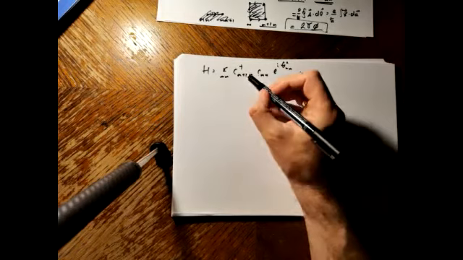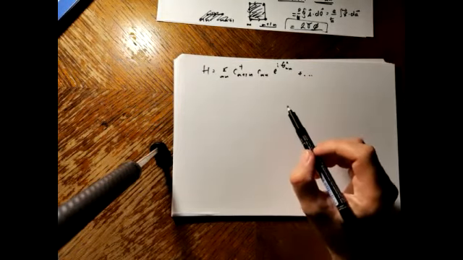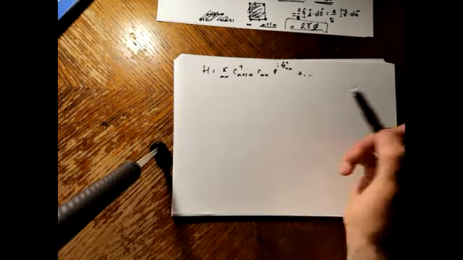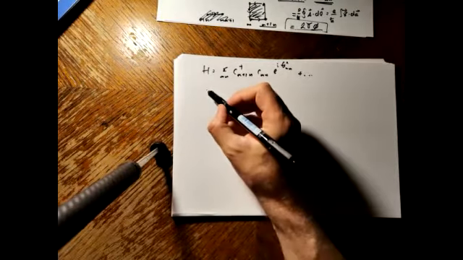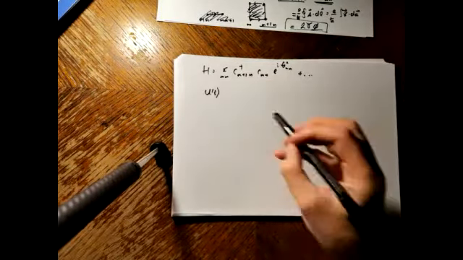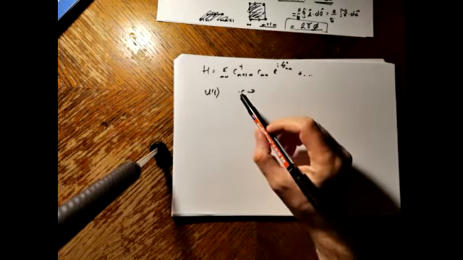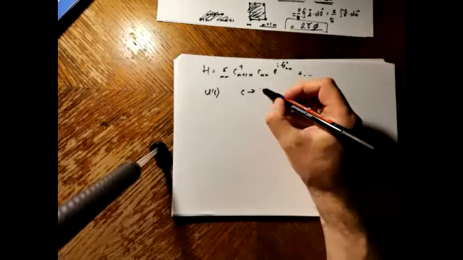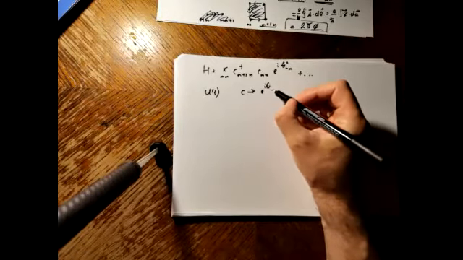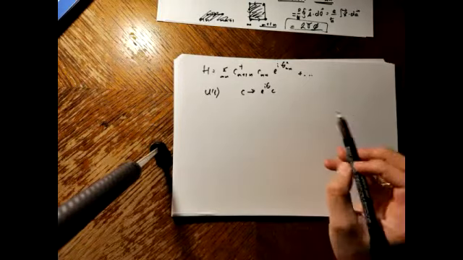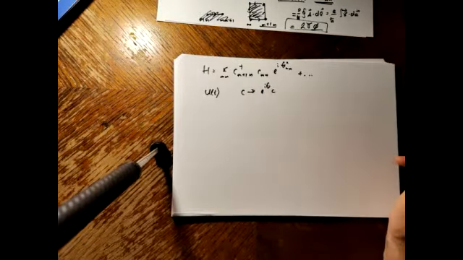You can first of all wonder what type of symmetry operators will leave this Hamiltonian invariant. It turns out that there's a U(1) symmetry. If I take all the C operators in my system and give them an elementary phase e to the i theta, that leaves this Hamiltonian invariant. So we have a U(1) symmetry.